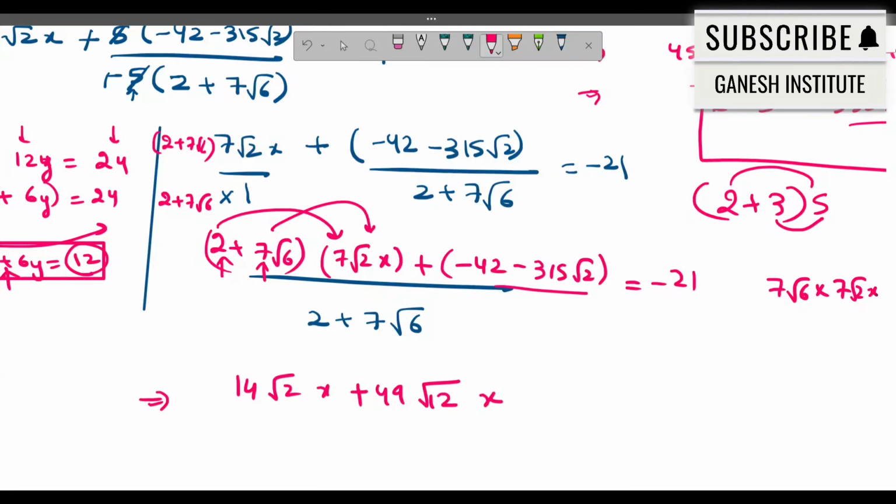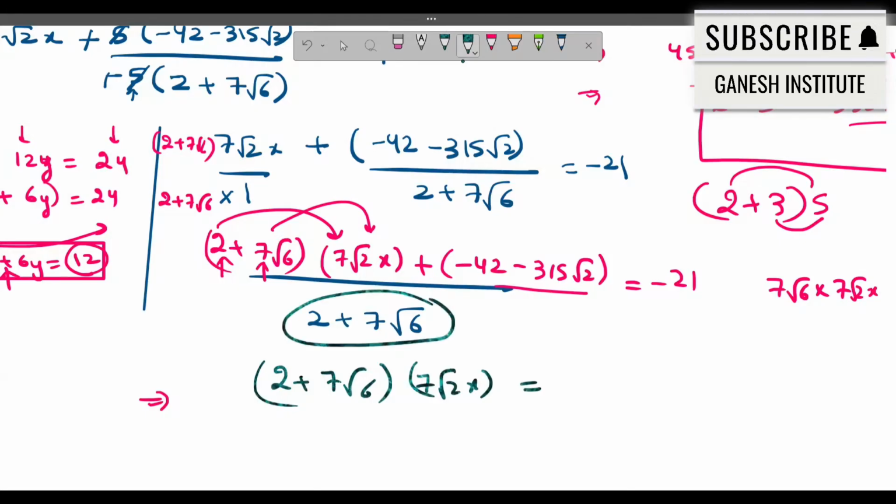Okay. And you know what? Let's keep it this way only, because ultimately I would be requiring x to come out as common because I need to find out x. So let it be. I'm taking this one onto the right hand side.